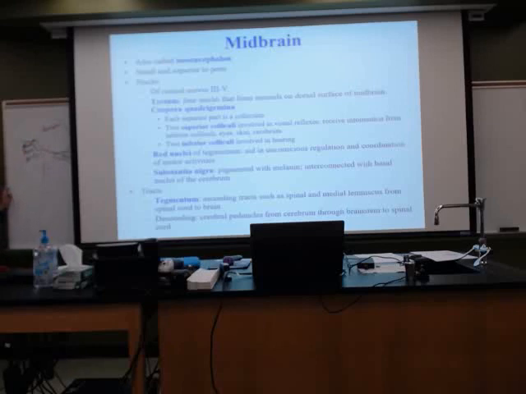We've said that when we say the term nuclei, we are saying this is an area of dense nerve cell bodies. So now we have identified that we have some of those nuclei in the midbrain, in the pons, in the medulla.